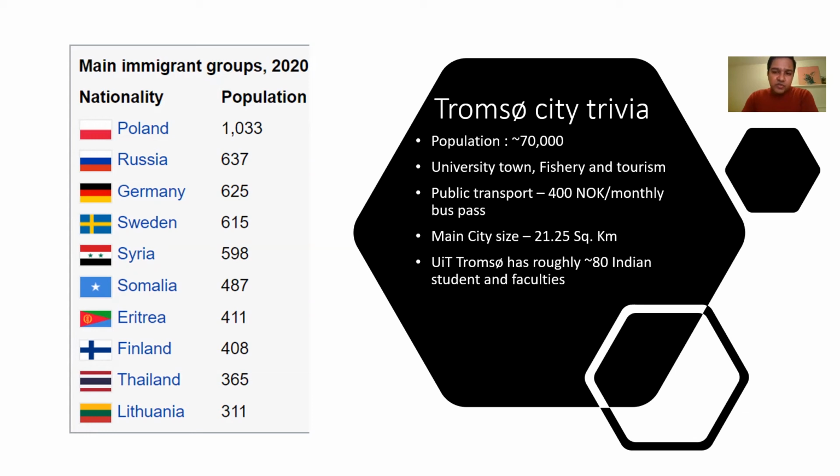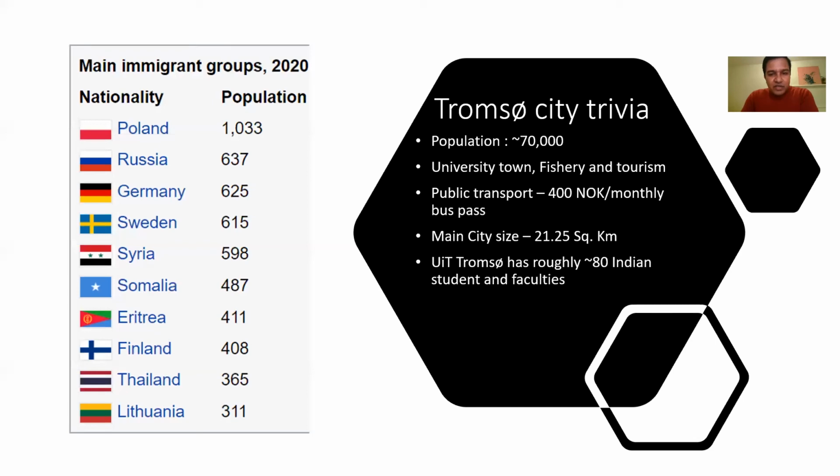That means 500 rupees for a ticket, which can be used to go anywhere in the city any number of times. The area of the main city is around 21 square kilometers. As I said earlier, it is a very small city. And UiT Tromso has roughly 80 Indian students and faculty in the city.